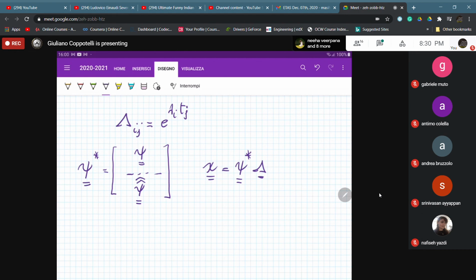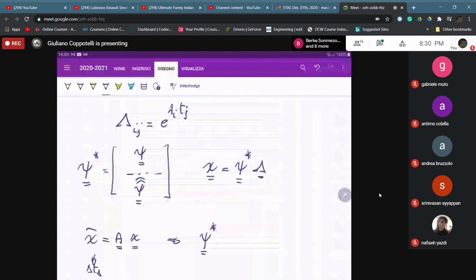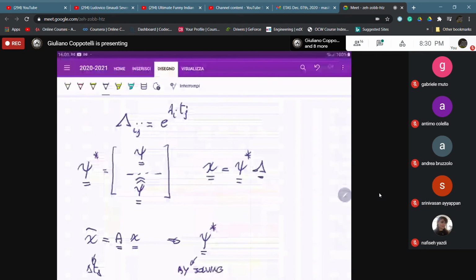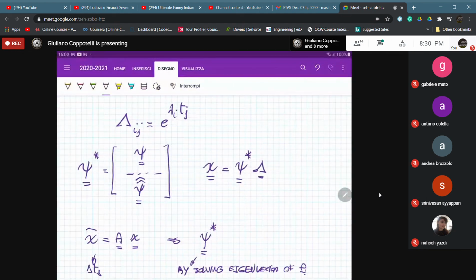And therefore, what we get at the very end, by solving for the eigenvectors of A, is your star eigenvector matrix, that is a modal eigenvector matrix having the first rows that are the psi vectors, and then the other ones that are the double hat vectors.